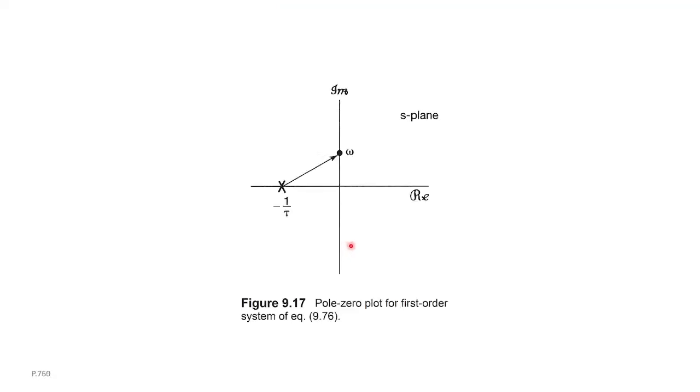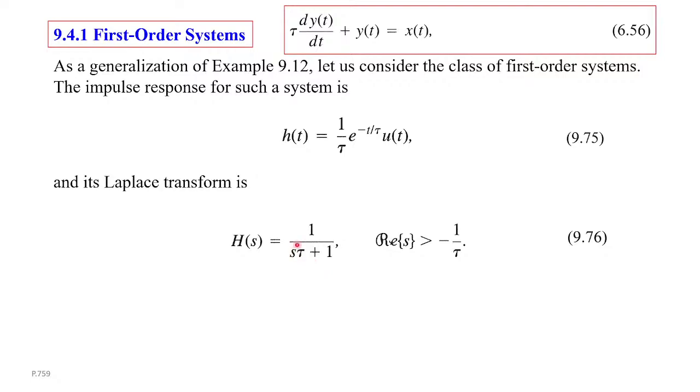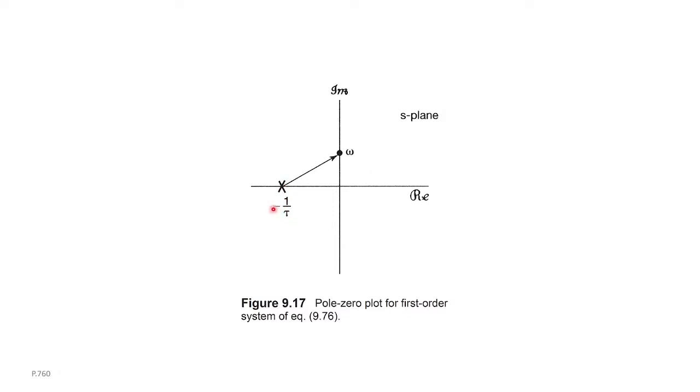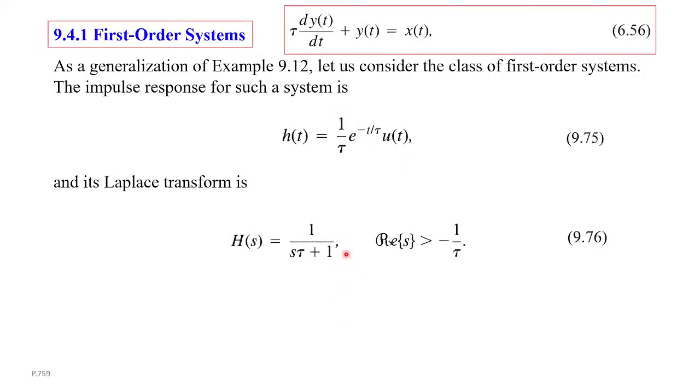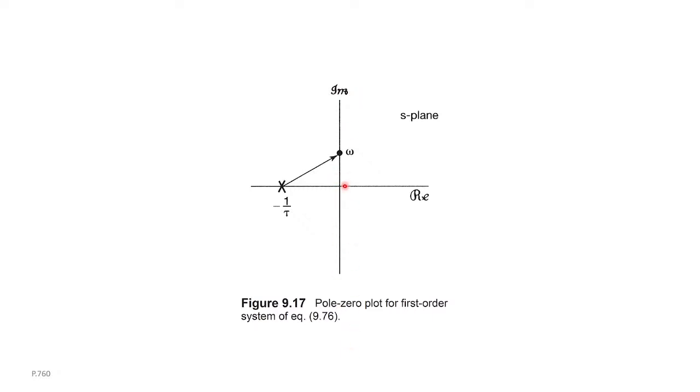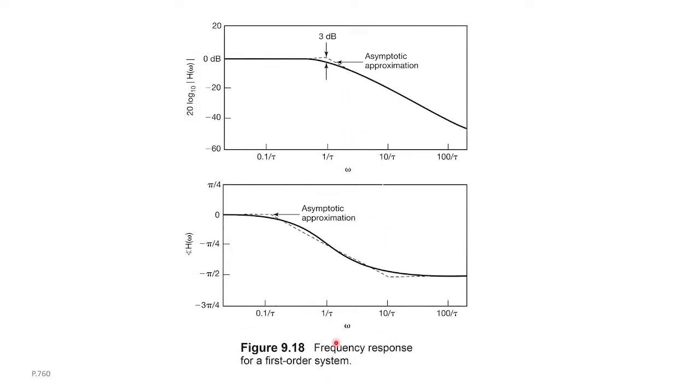And you can see this is really just a generalization of the previous example. So if you move things around a little here, you see that this term has a pole at -1 over tau, and this really behaves similarly to the previous example. So the magnitude of your Fourier transform is going to get a peak when omega equals 0, and it's going to 0 when your omega goes to plus infinity or negative infinity.